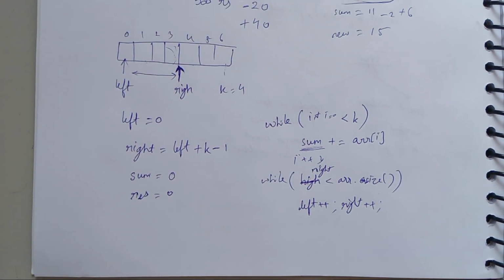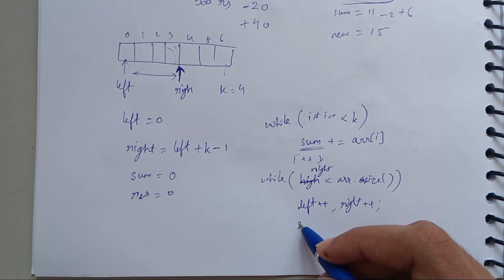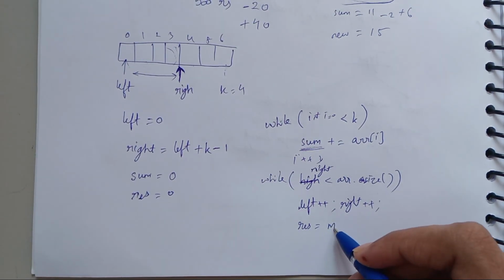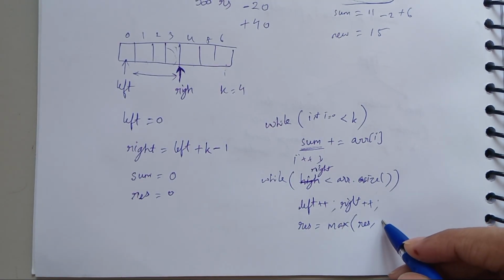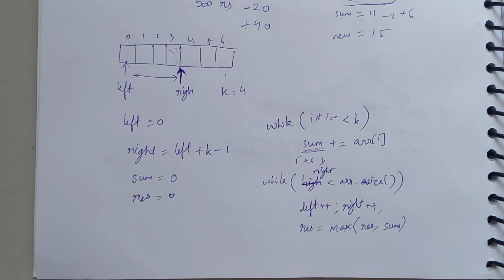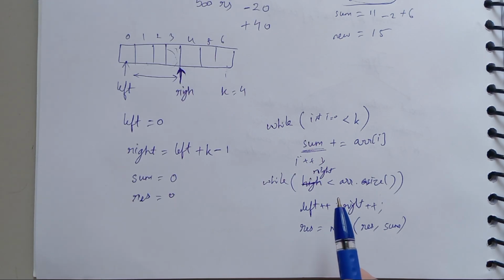Now we set result equal to the maximum of the initial result and the current sum. So if the current sum is greater than the previous result, this will be updated in result.